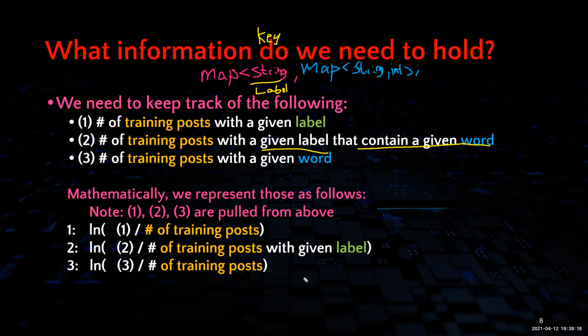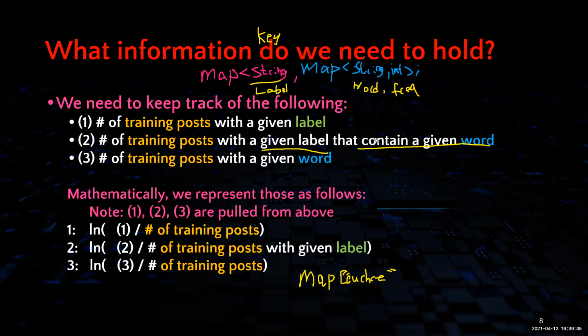So if I access this map and give it the key euchre, I don't actually get a value. Instead, I'm getting a map of words to frequencies. And the words will be all the words that are related to euchre.